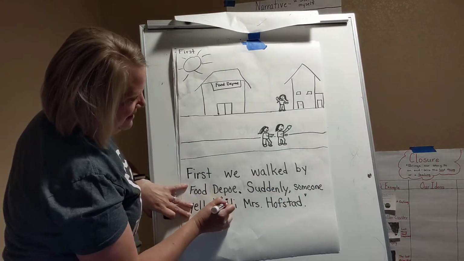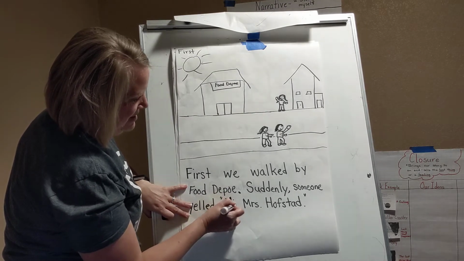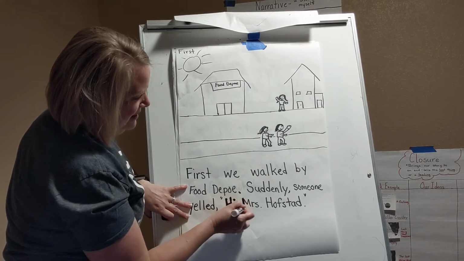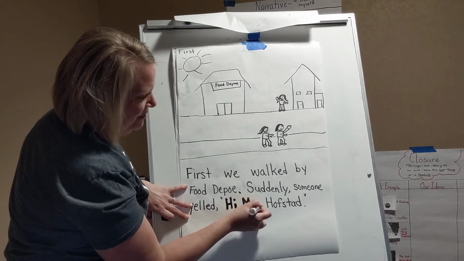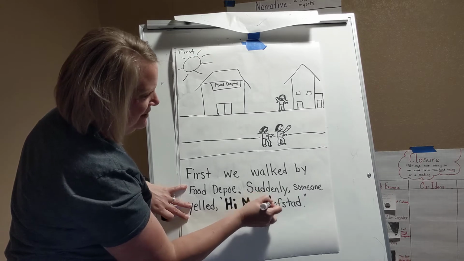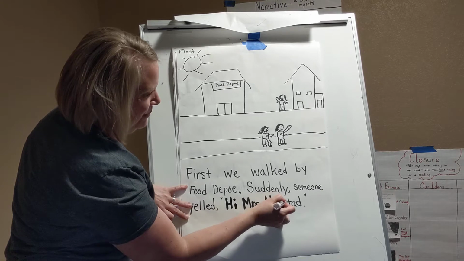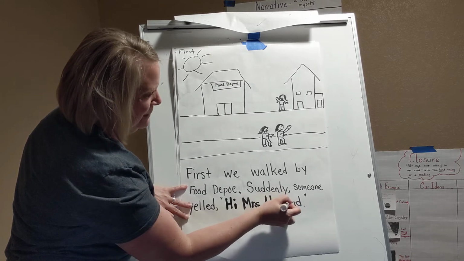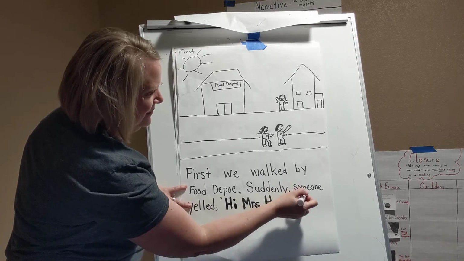And I'm going to make it nice and bold to show they yelled, hi! So to make something bold, you just go over it with either your black crayon or trace over it again with your pencil. Make it stand out nice and bold. Bold means to make it bigger and darker in print so it stands out.